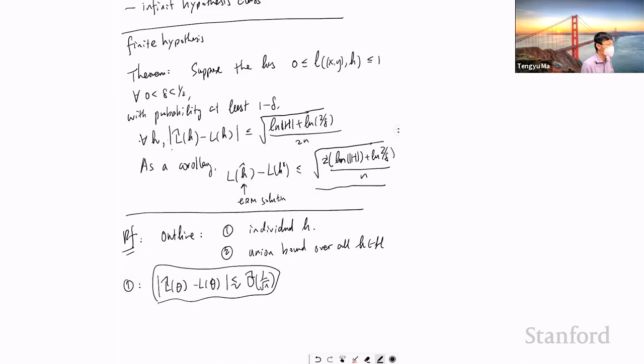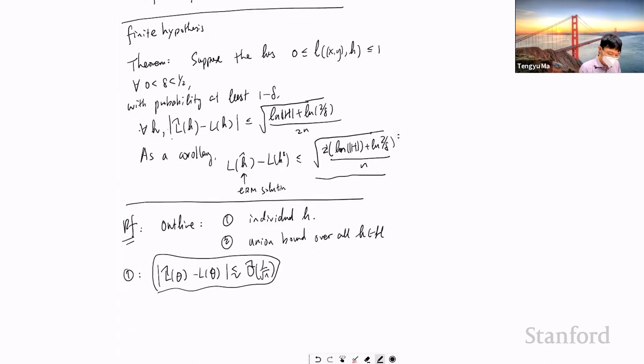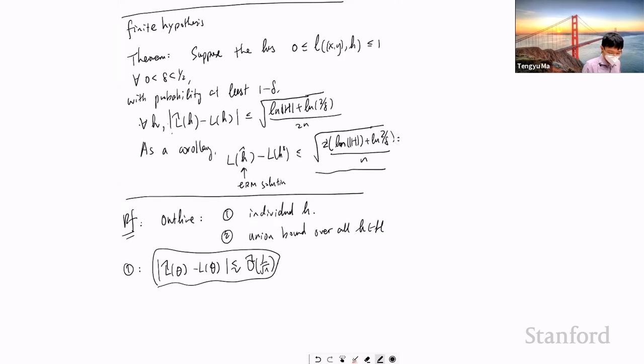Today I'm going to have more careful derivations to get exactly all the dependencies up to constant. And by the way, theta and h are the same. H is just what you use when you talk about a finite hypothesis class, where you don't necessarily have a parameter. You may just list all the hypotheses. That's why it's called h. And when you parameterize it, you have the parameter theta. But for this purpose, they're not different at all.